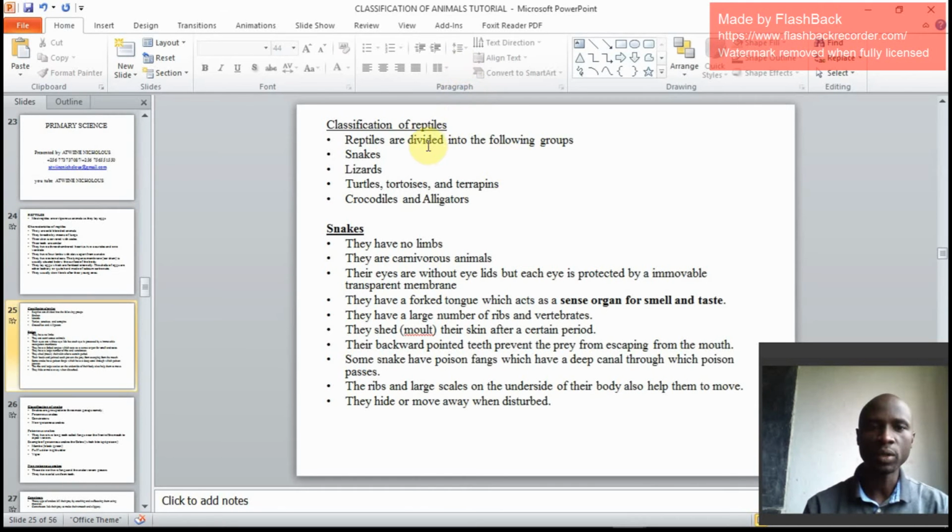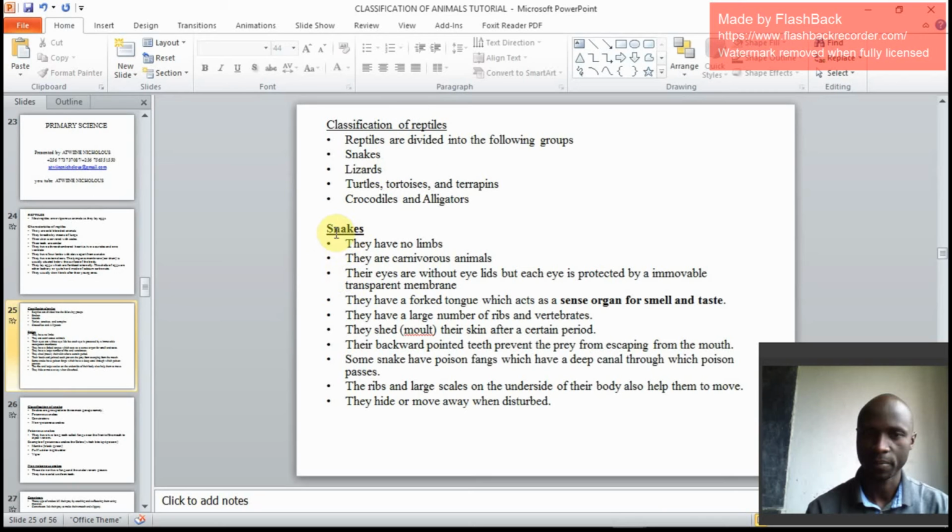We got classification of reptiles. They are classified in the following groups: snakes, lizards, turtles, tortoises, and terrapins, and finally crocodiles and alligators. In case you meet any animal which is under snakes, lizards, or it's a crocodile, you know that it's a reptile.